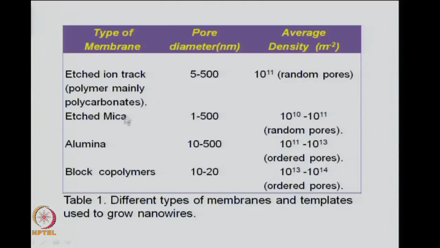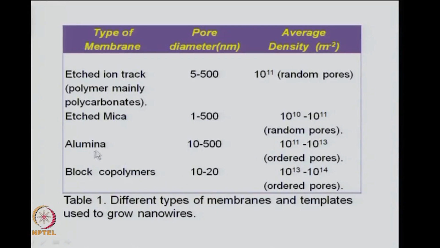You can also have a mica, which is a naturally occurring inorganic material, it is a mineral, and this mica has layered structure, and in this mica you can make this kind of etching to yield channels of 1 to 500 nanometer size, in which again you can have random pores of the order of 10 to the power 10 or 10 to the power 11 pores per meter square.